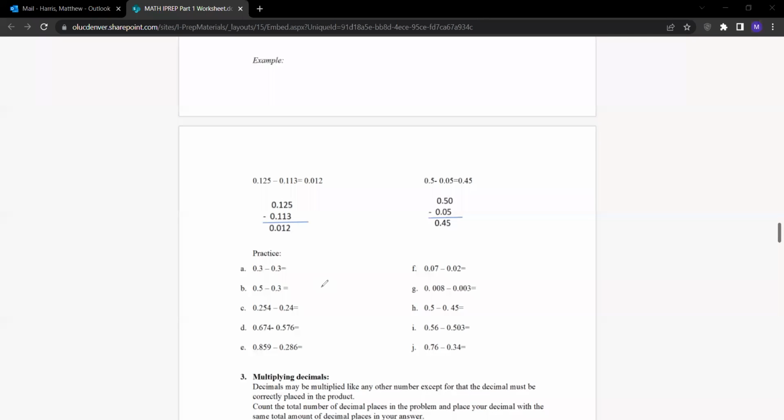So I'm going to do the first one, maybe the first couple of these written out, and then we're just going to go through them quickly. So first one we have 0.3 minus 0.3, 3 minus 3 is 0, 0.0, so that equals 0. All right, the next one we have 0.5 minus 0.3, 5 minus 3 is 2, 0.2.